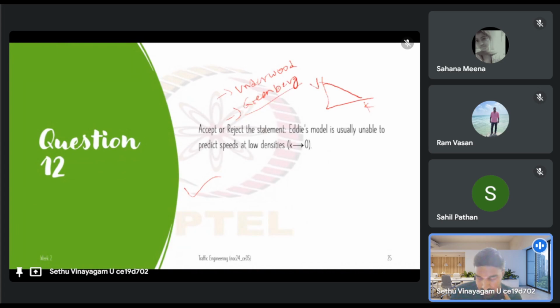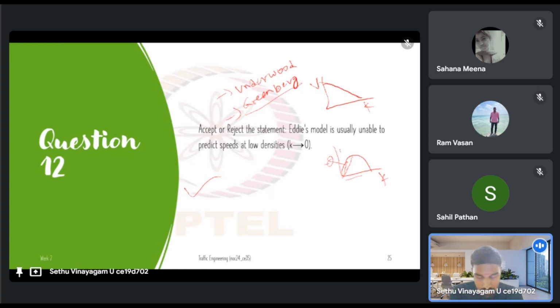But usually that is not the case. When you draw the q-k relationship and connect any point from the origin, the slope of that line will give you the speed of the traffic state. So what you will find is, as your density increases, your speed is gradually decreasing even in the free flow regime, right?